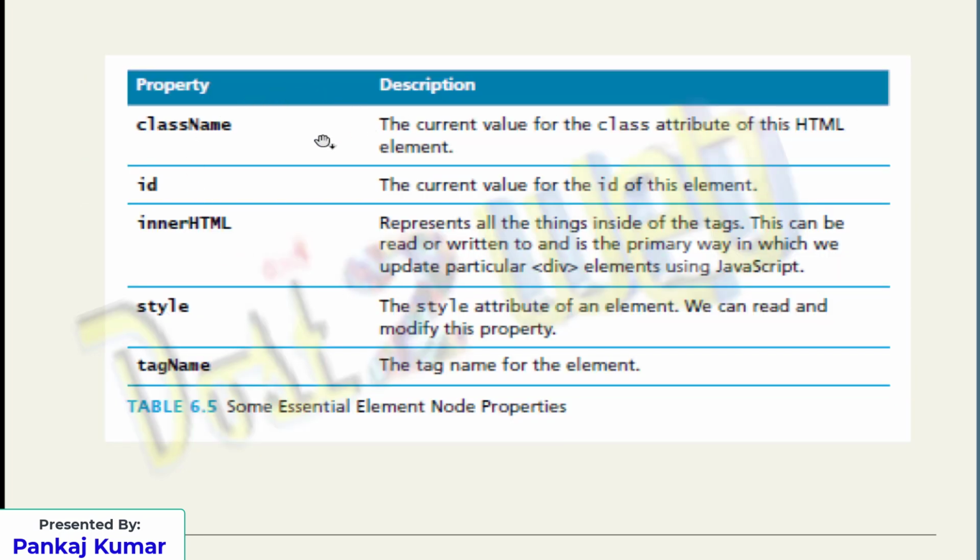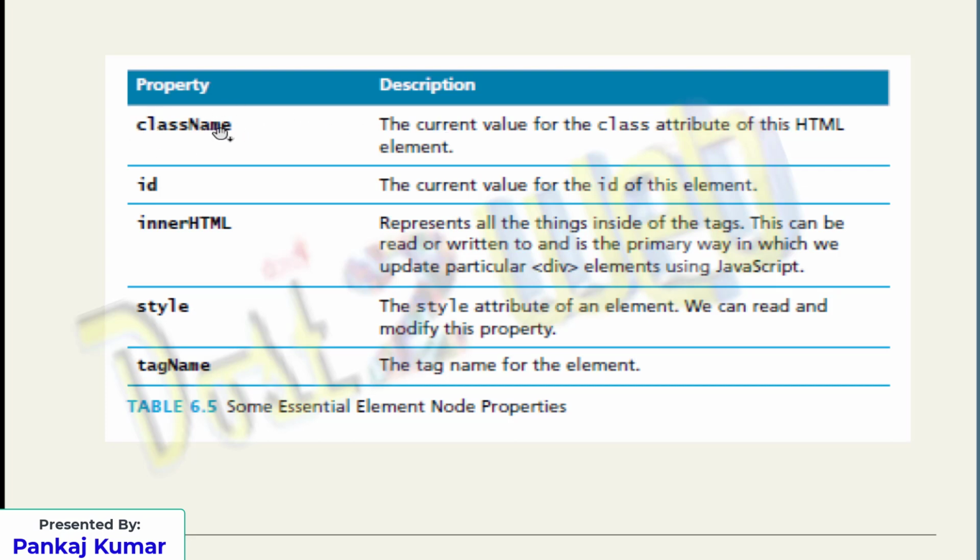You can see here, like I have used here className. If you want to access the element node properties, you have the class, ID, innerHTML, style, and tagName. When you are going to use className, that means the current value of class attribute. That means you are defining division and some class name.